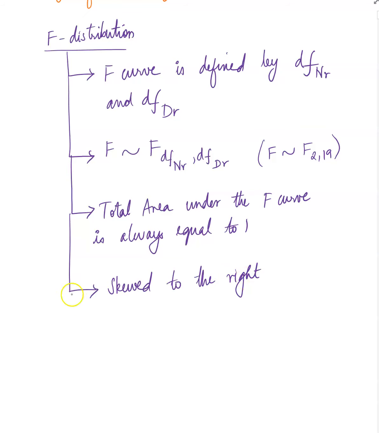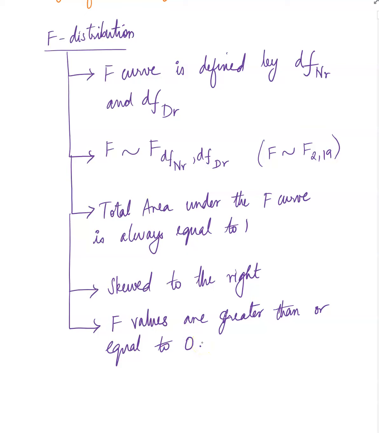Like the Z values and the T values, your F values are also, just like the chi-square, greater than or equal to 0. Now note that your chi-square and F only allow values greater than or equal to 0.